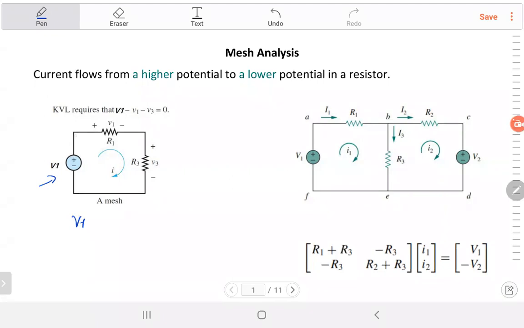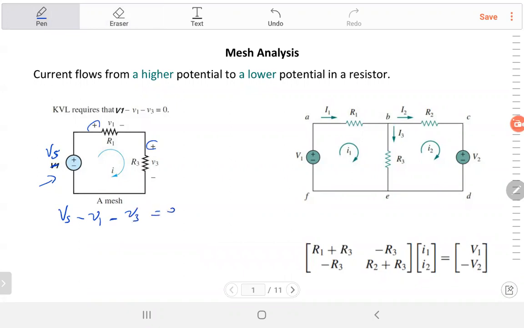Then I move in the clockwise direction. Then I find V1 positive also, so it's minus. Let's just call this VS, not to confuse similar names. So I would say VS minus V1 small, and then I continue, I find also positive, so minus V3 equals 0.